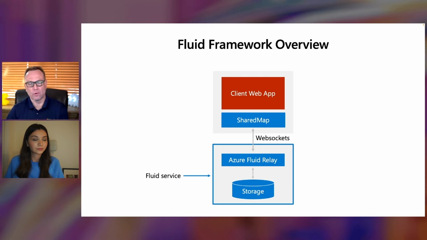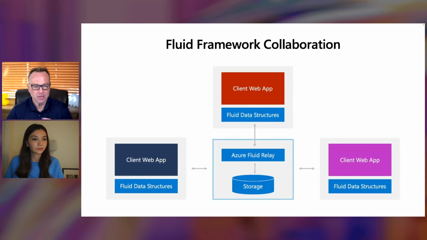Now, the way that works is through the Fluid framework. It has some algorithms built in, and if, for instance, I type a message, and that then goes up to the Azure Fluid Relay service, it'll stamp it with an ordering number, as you just saw, in this case, number 1.